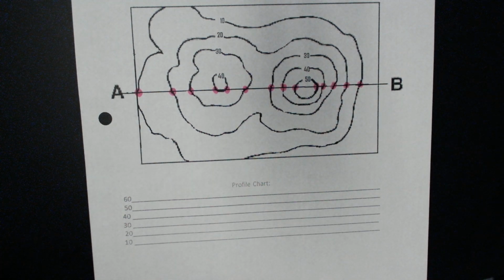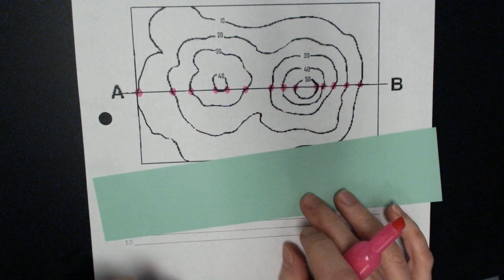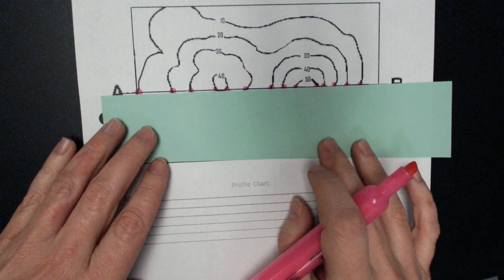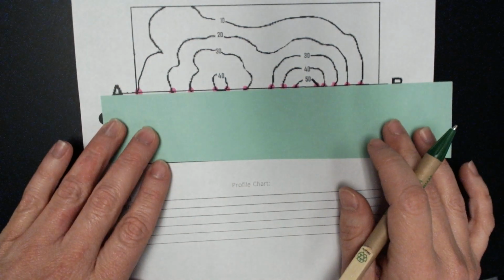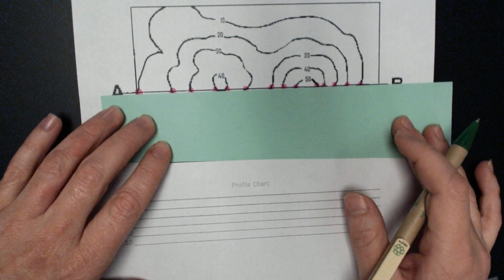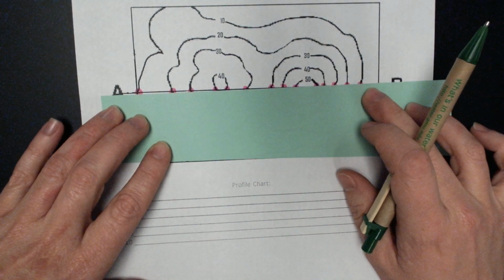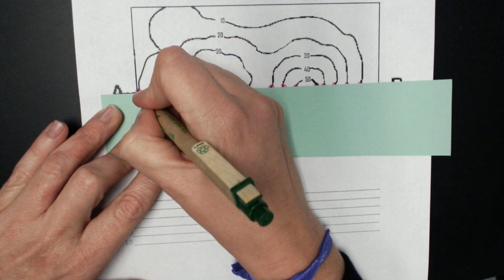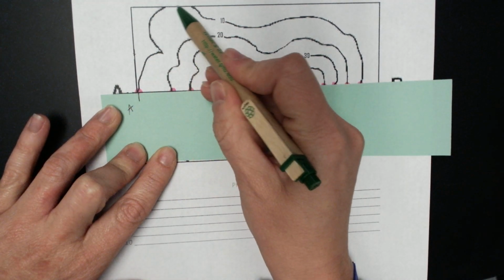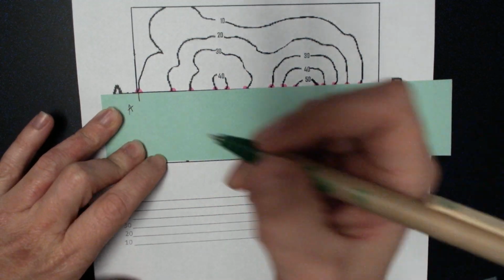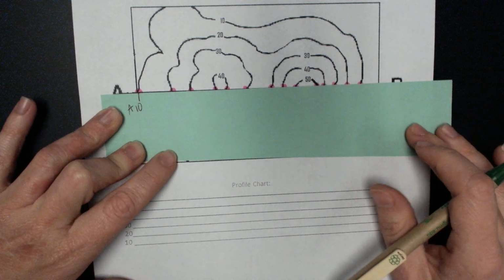And the next thing that I have you do is to take your little paper strip and you're going to label what the elevations are for each point that we have just marked. And we're also going to mark where there is an intersection between a contour line and our profile line. So I'm going to make a mark here because that's our first one. That's going to represent A. And A is on the 10 contour line. I can't remember if this is meters or feet. We'll just say 10 for now.